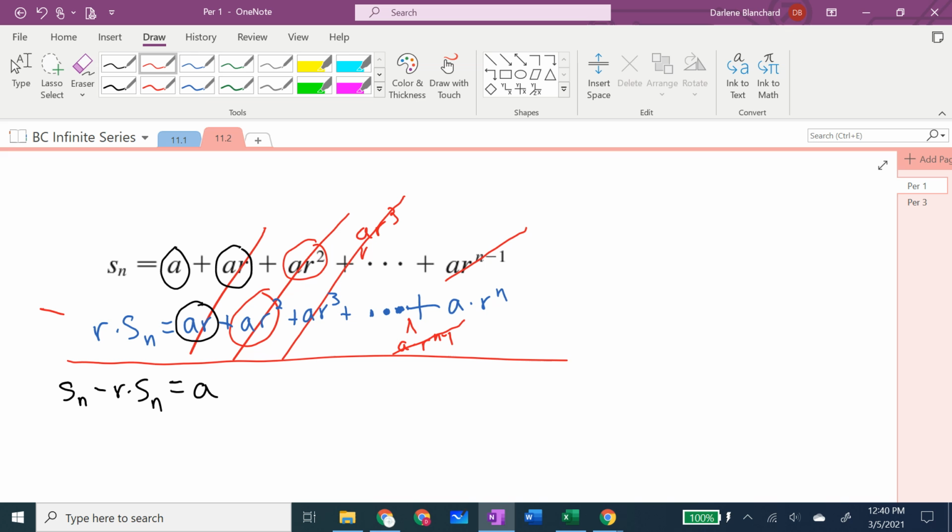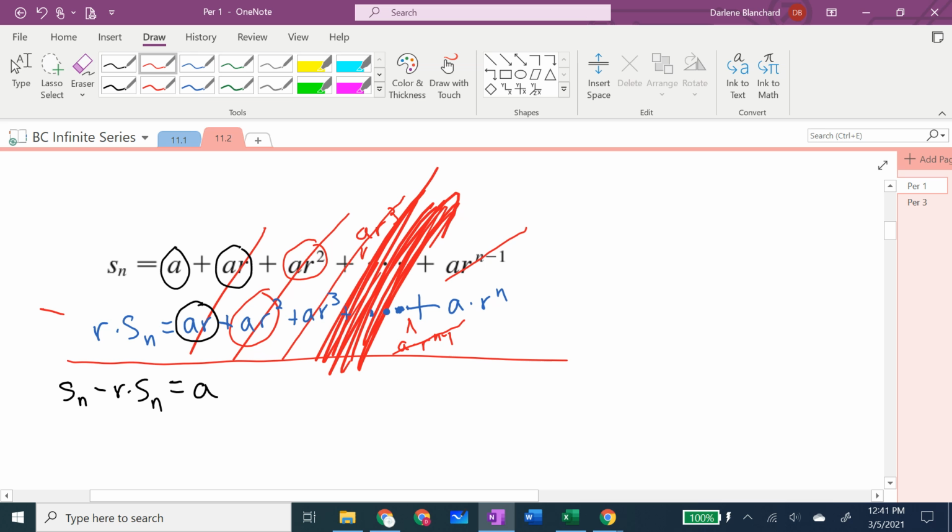And you should be able to see in there that those dot, dot, dots go, and they're gone. And the only thing left is the first term of the initial s sub n series, and the last one of when I multiply by r. And it's subtracting.